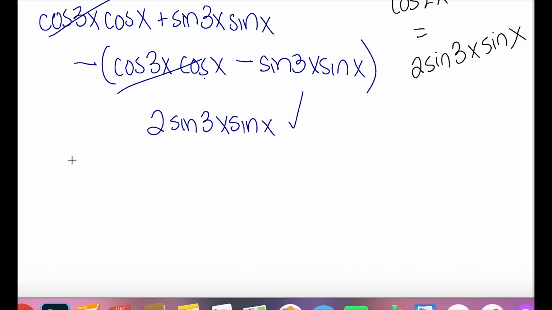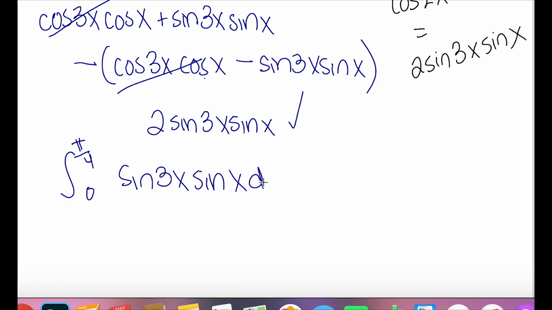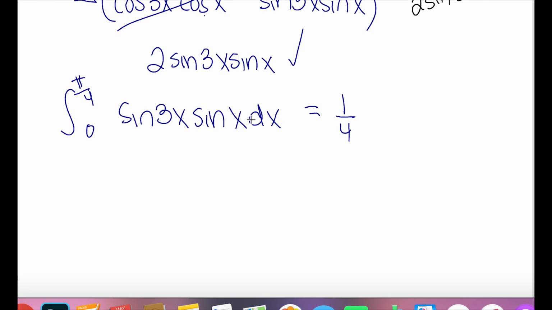So therefore, we want to integrate between 0 and pi over 4 sine 3x sine x and show that this equals 1 over 4. So just like the last example, we know that cosine 2x minus cosine 4x equals 2 times sine 3x sine x.